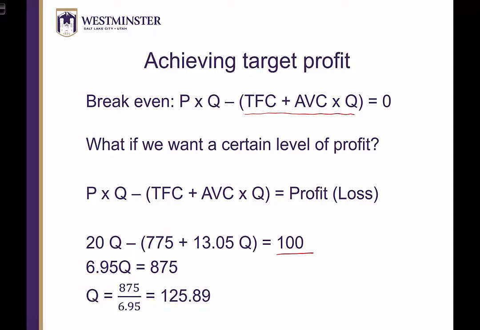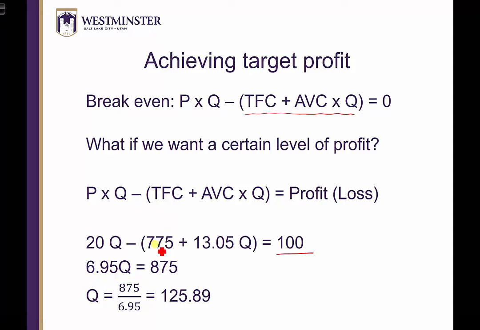So we'll rearrange the equation such that we end up with 20Q minus 13.05Q minus 775 equals 100. That then can break down to 6.95Q equals 875.